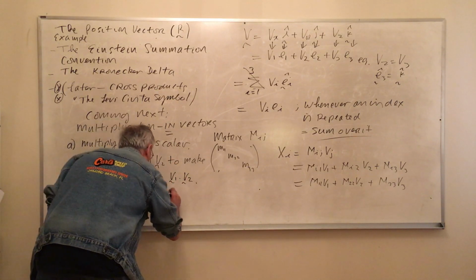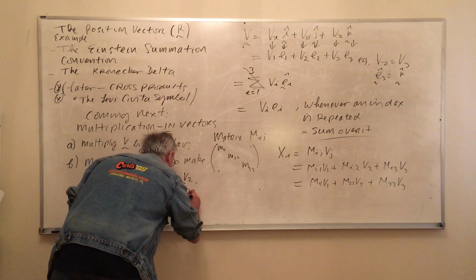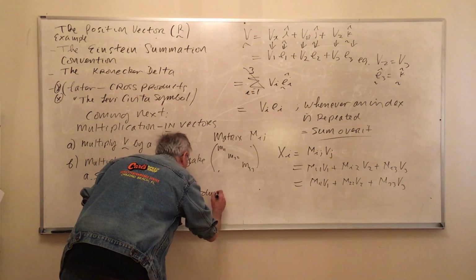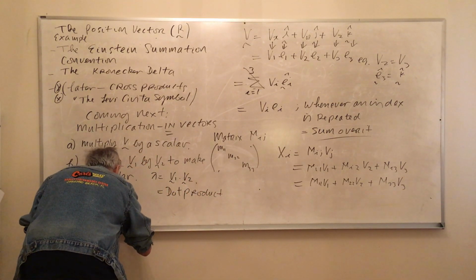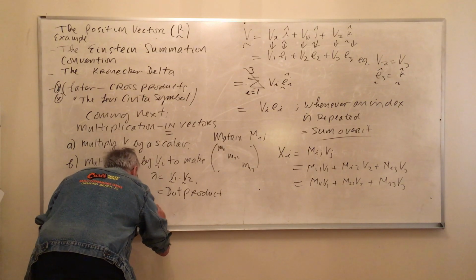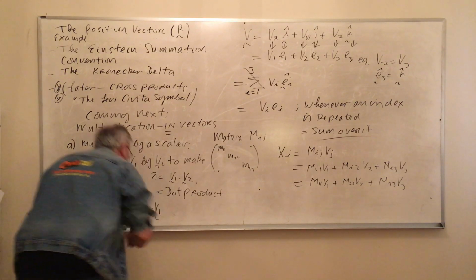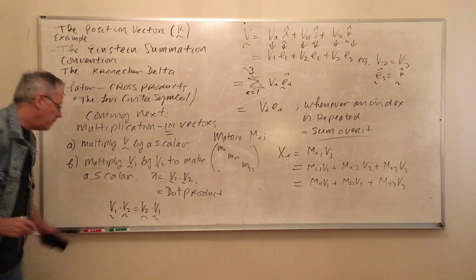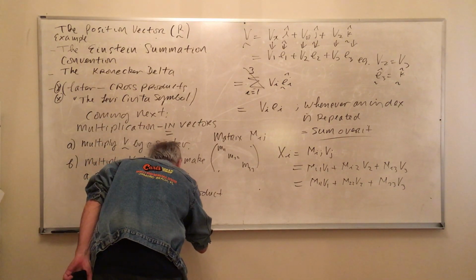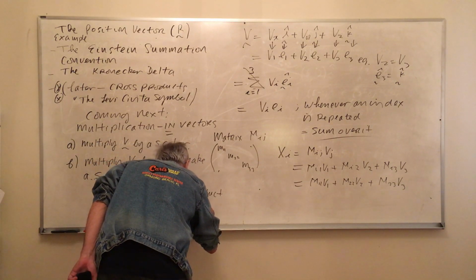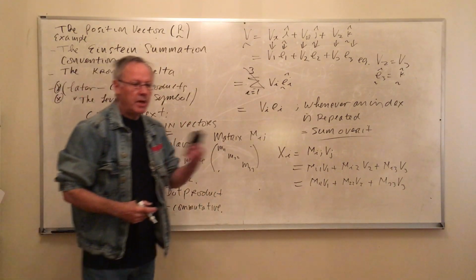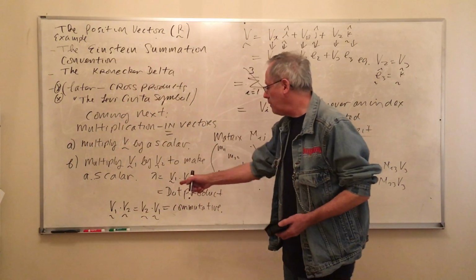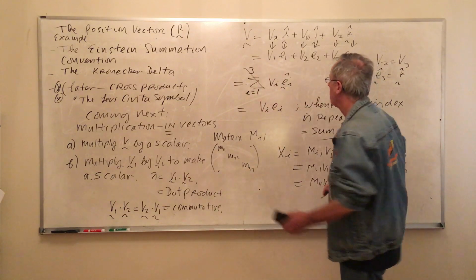And we call this the dot product. And the dot product is commutative. Commutative just means this. 3 4s is 4 3s. V1 V2 is V2 V1.